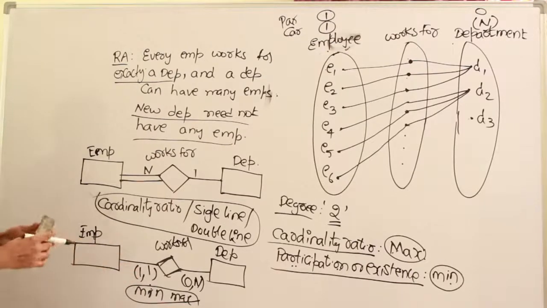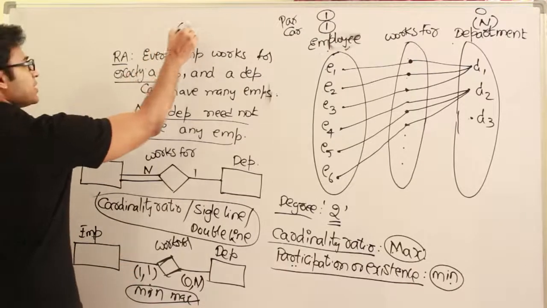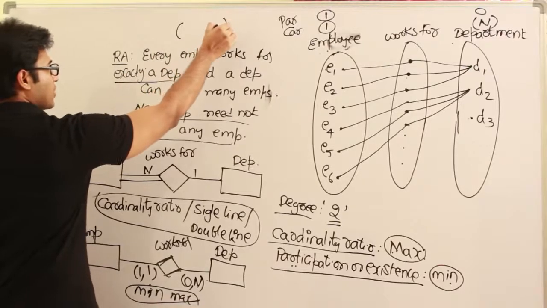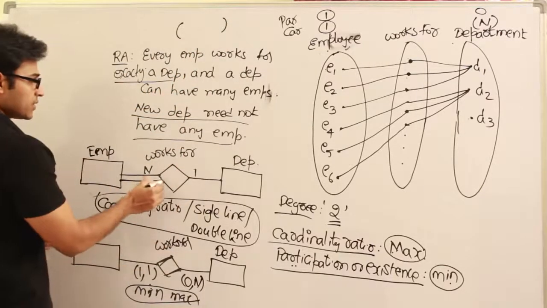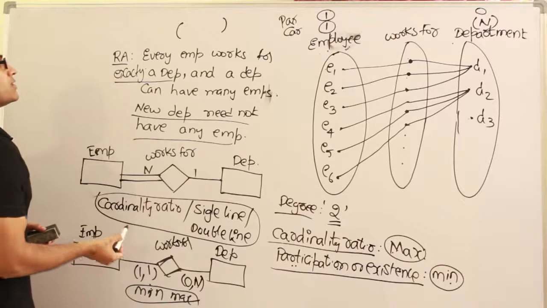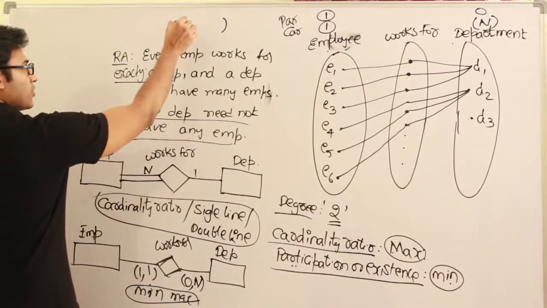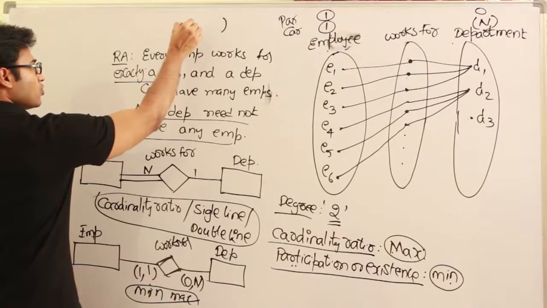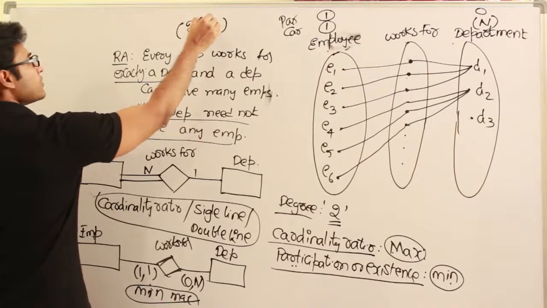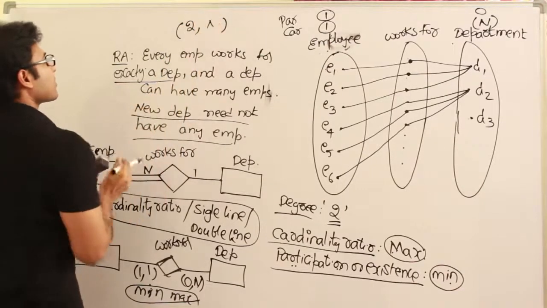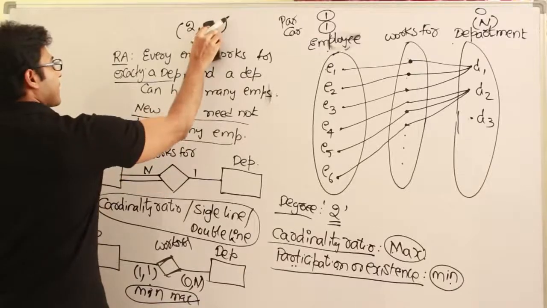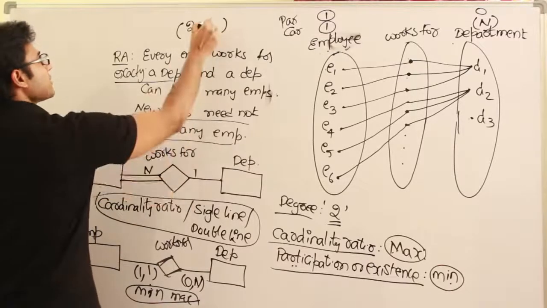Got it? So sometimes in minimum maximum representation we can even represent more information compared to this single line double line representation, because if I have minimum cardinality ratio as, let us say, 2 and maximum cardinality ratio as n, right?